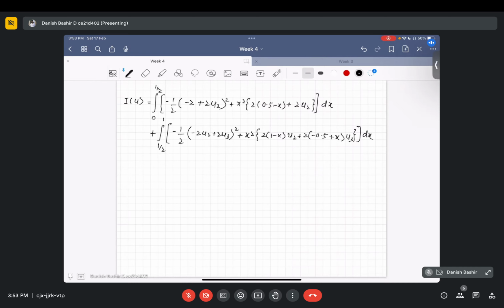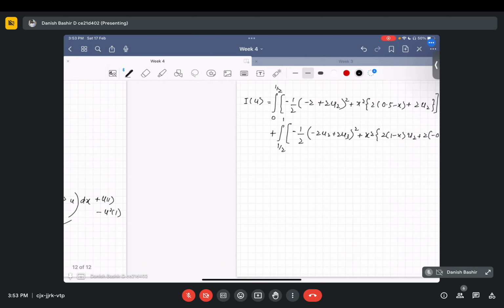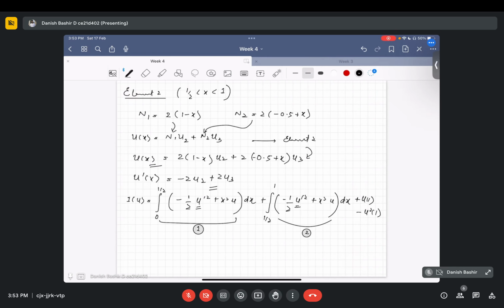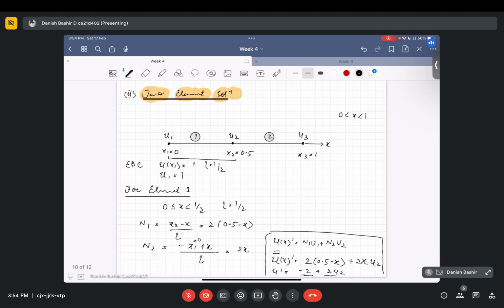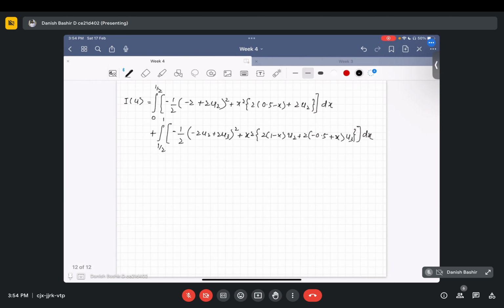And there will be boundary terms. I already told you the boundary term: this is u of 1 minus u of 1 square. If you see u of 1 in the problem, u of x at x equal to 1 is u of 1, and its nodal value is u3. So put appropriate terms there. So it will be plus u3 minus u3 square.